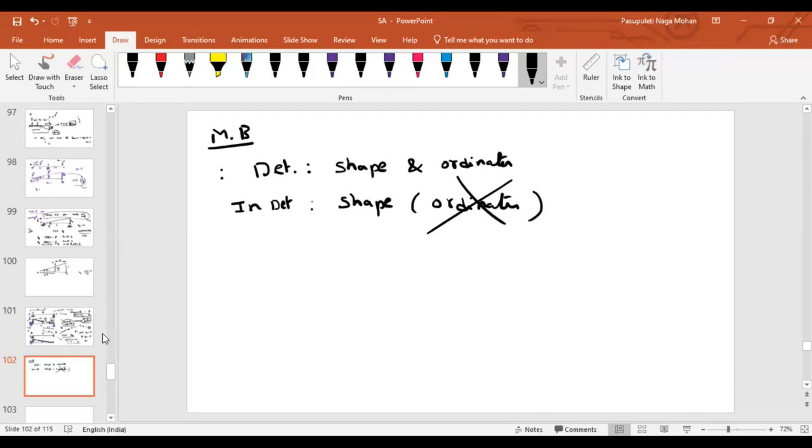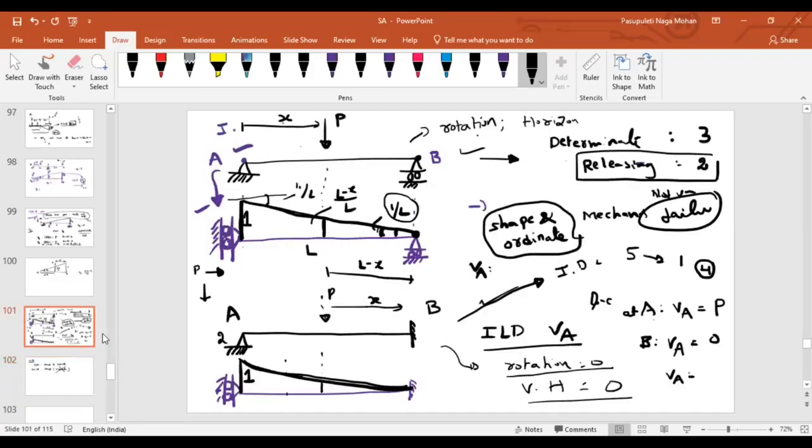If they give you an indeterminate structure and ask you to draw the ILD, you can visualize the shape of the ILD, but you cannot find the ordinates at every point. But if it is a determinate structure, you will get the shape as well as the ordinates. As of now, is it clear how we have to draw: apply unit displacement, release the force, and then draw the deflected shape?